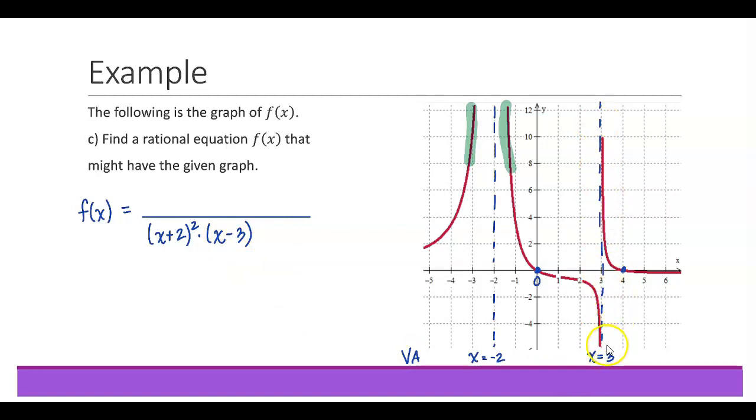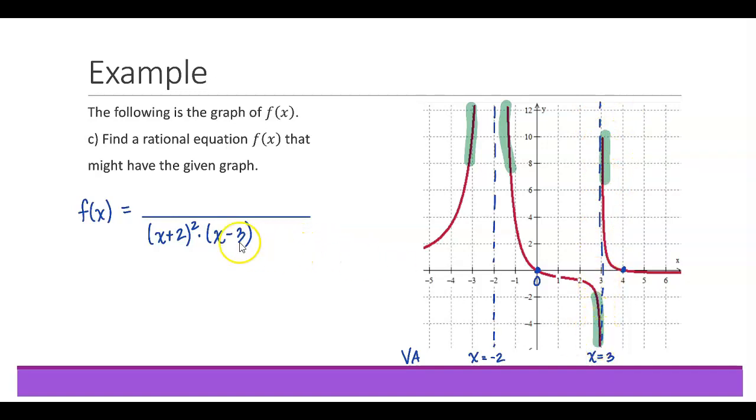Looking at the behavior near that asymptote, on the left side of x equals 3 my function is going down towards -infinity, but on the right side of x equals 3, my function is going up towards +infinity. So I have opposite behavior near this asymptote.